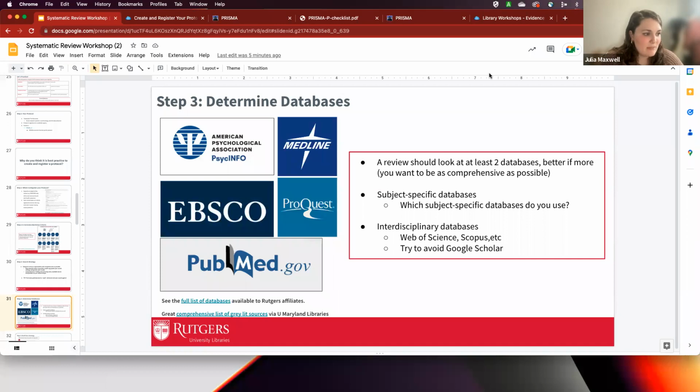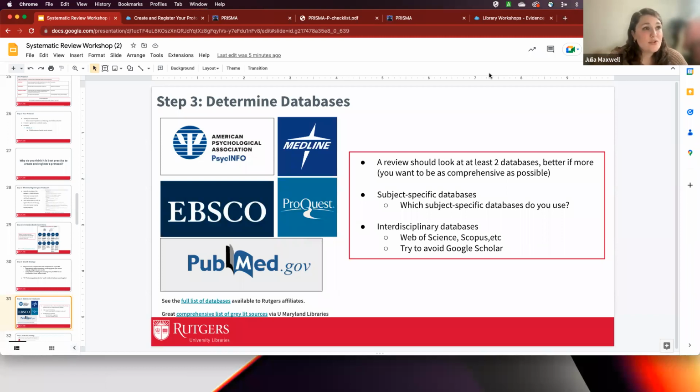Interdisciplinary databases also include Google Scholar, but I recommend not using Google Scholar for at least the main searching you're going to do in your review. It's fine if you want to get background info or double check that you found everything later on.